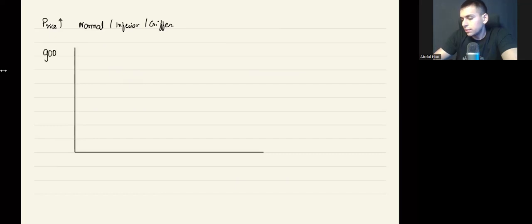This is good Y, and this is good X. All right. Now, this is your initial budget line, AB. Due to increase in price level, regardless of normal, inferior, or Giffen, your budget line will tilt inwards like this.